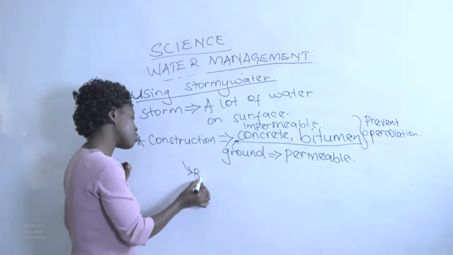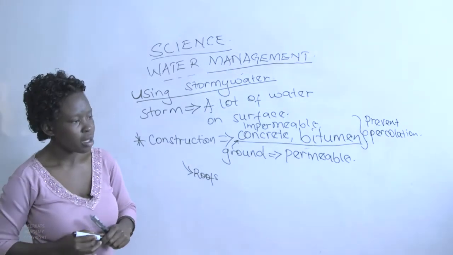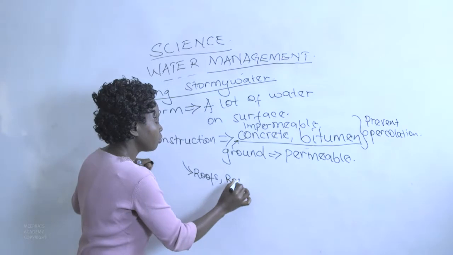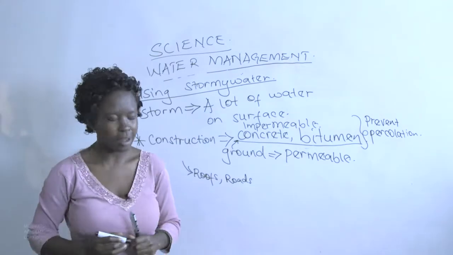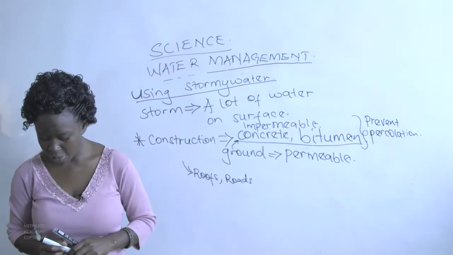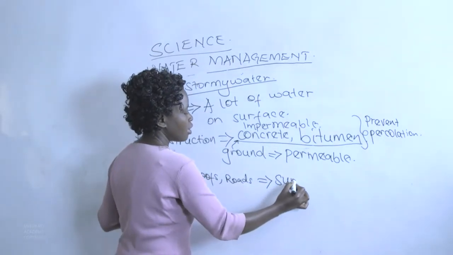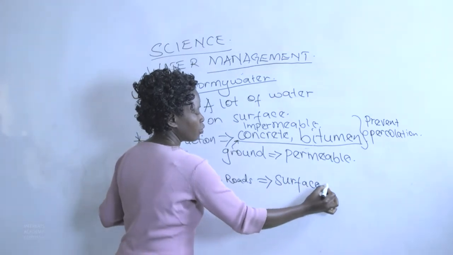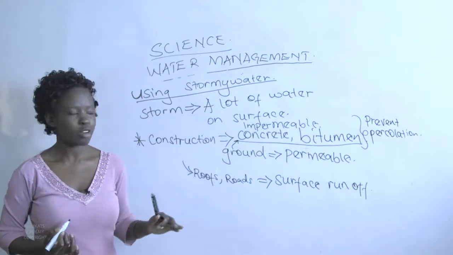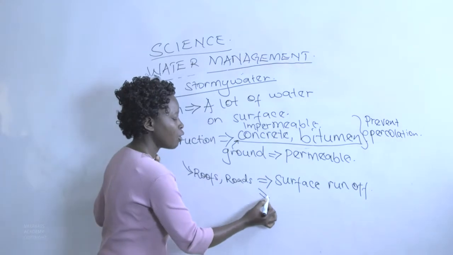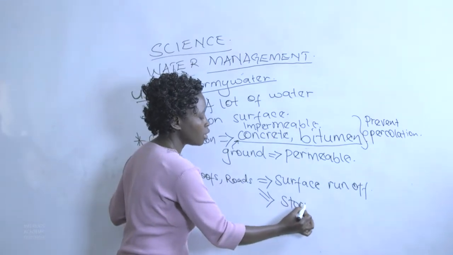We are having the rooftops. Water will be obtained from the roads that have been constructed and many other constructions that make the land impermeable. So you are having all this water running on the surface as surface runoff. So since there is a lot of surface runoff, it results in formation of the stormy water.